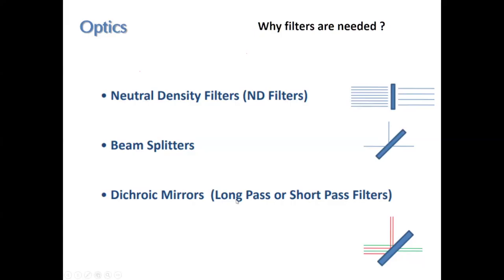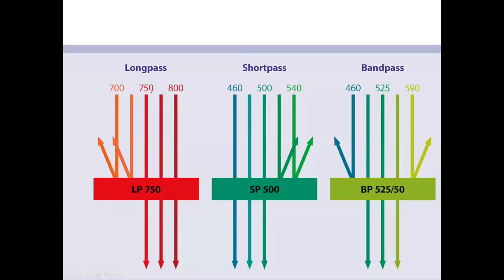Let's assume this is a long pass 750 dichroic mirror. It allows light of wavelength greater than 750 to pass through it, and all light of wavelength lesser than 750 will be deflected.